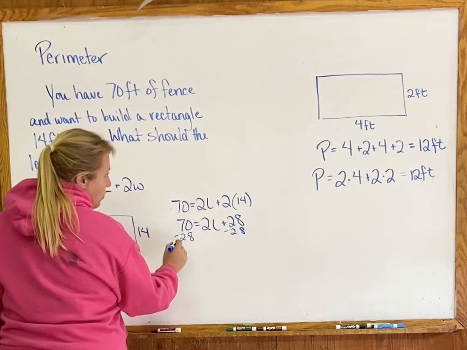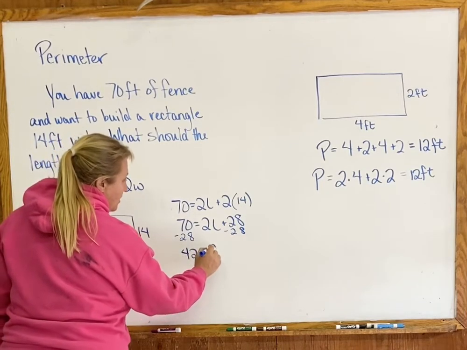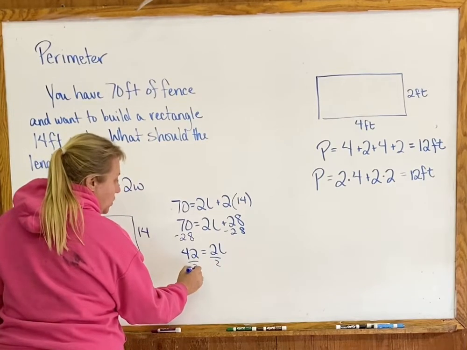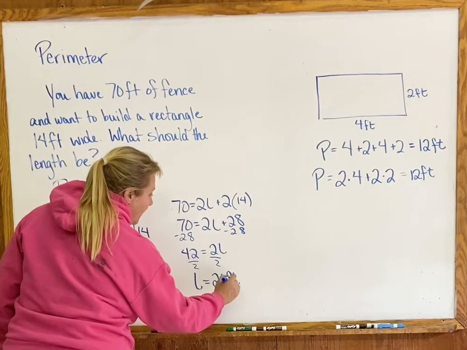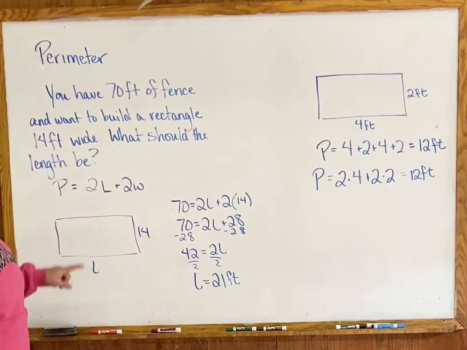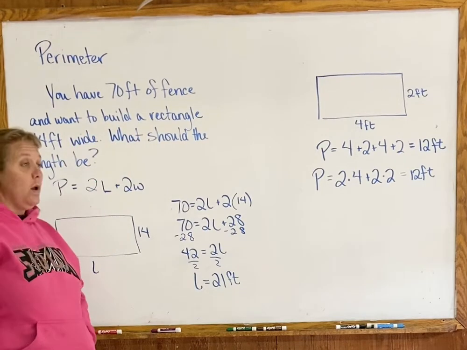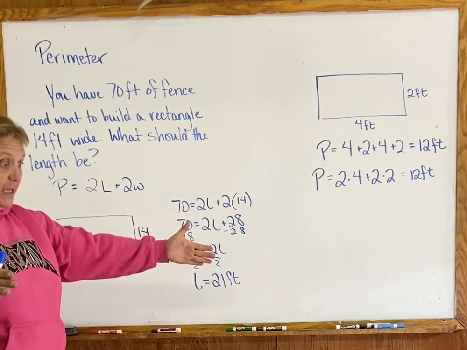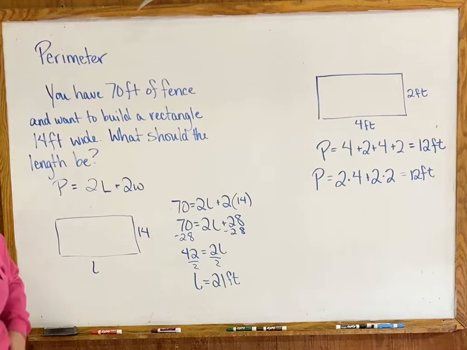So we end up with 42 equals 2L. And when we divide by 2, we get that the length is going to be 21 feet. Okay? And don't forget to make sure you put units on there. So this person is able to know that if they're going to go with that 14 width, they're going to be able to have 21 feet in length.